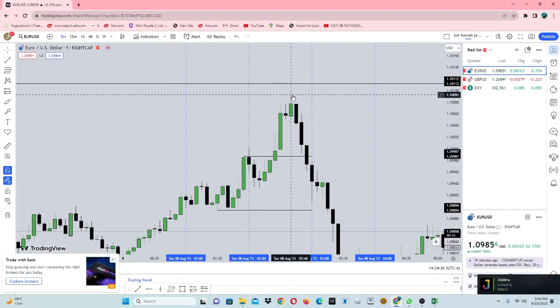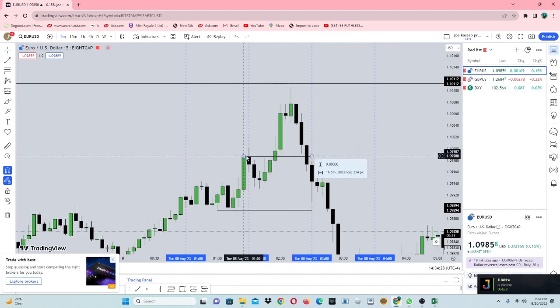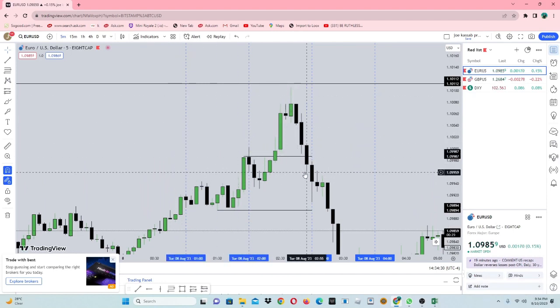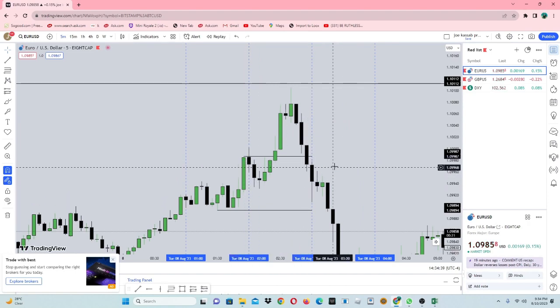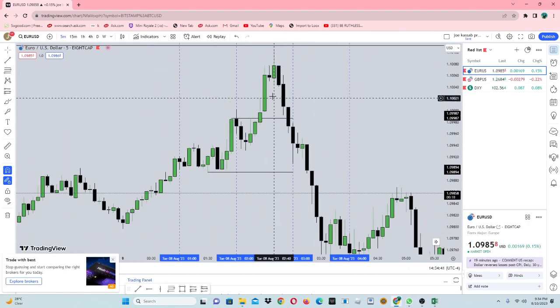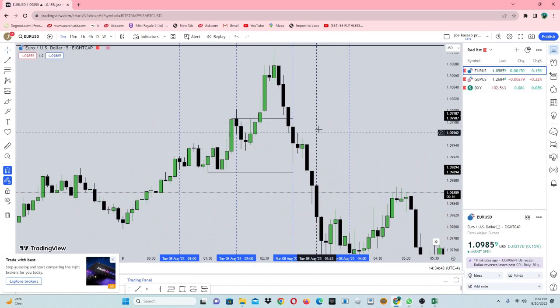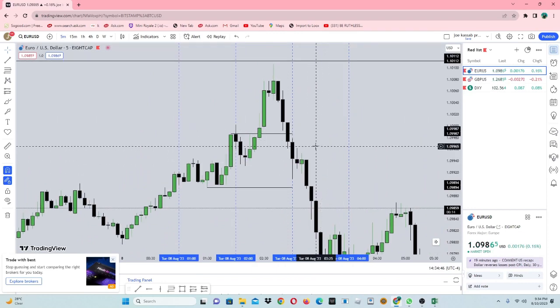We took the high of the previous hourly candle, then we closed below it. So this is a sweep of liquidity. Also we closed bearish, so the candle is bearish, going with the flow of my daily bias.